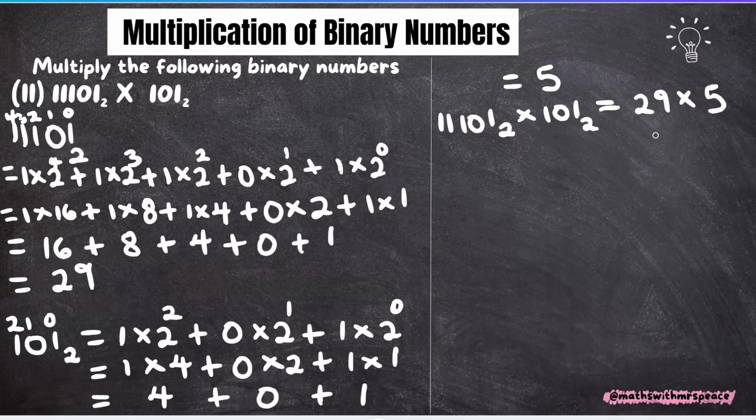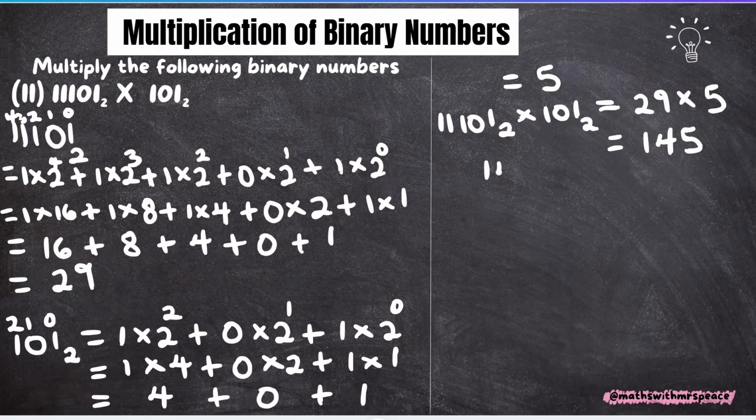So when you go ahead and multiply this, what you're going to get is 145. That's 29 times 5 to give us 145. But we can't leave our answer in base 10 because the question was given to us in base 2. So we have to convert 145 back to base 2. And this is how we're going to do that.